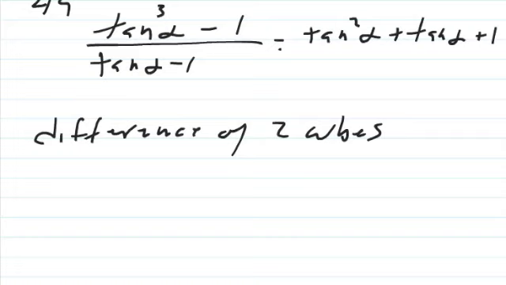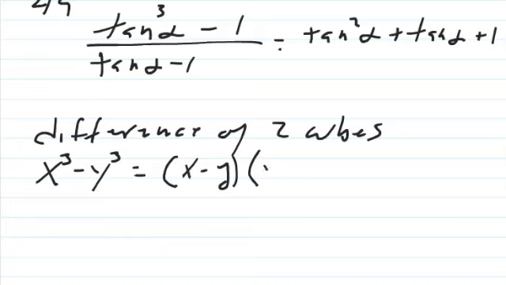In algebra, we should have learned that something like x cubed minus y cubed is equal to x minus y times x squared plus xy plus y squared. Okay? That's the difference of two cubes. You can Google difference of two cubes and you'll see that show up with a proof if you like.